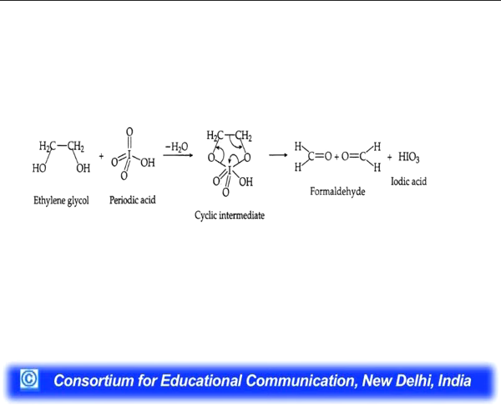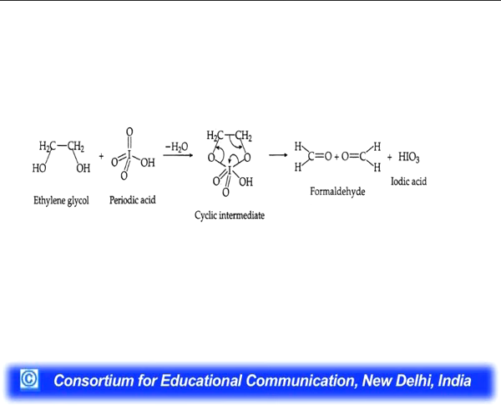Here is the reaction. First of all, you can see the ethylene glycol, then periodic acid, IO3OH. There is a formation of a cyclic intermediate with the elimination of a water molecule. Here a 5-membered cyclic intermediate is there.